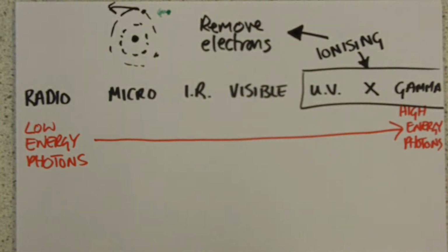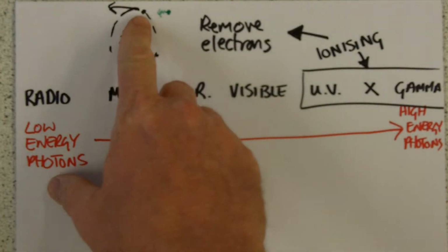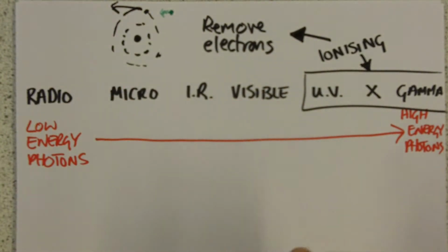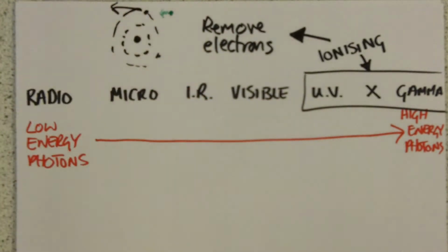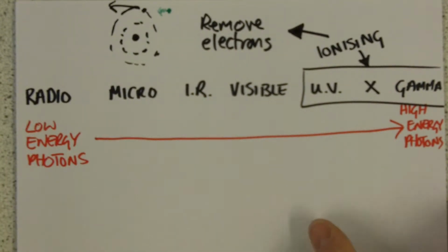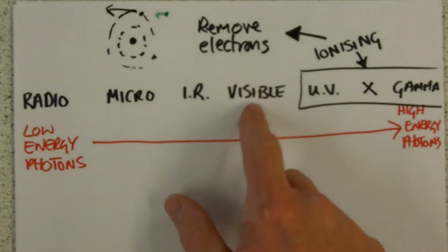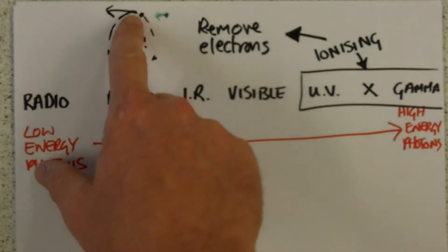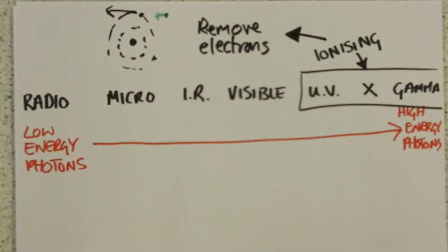The photon is pure energy, and the electron requires energy to escape from the atom. If there's enough energy in the photon, an electron will be able to escape. None of these are capable of ionizing, simply because the individual photons are not energetic enough to give the electron the energy it needs to escape.